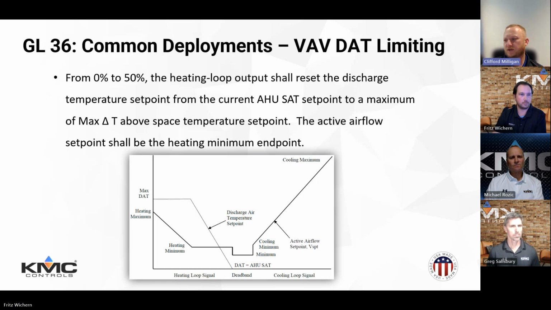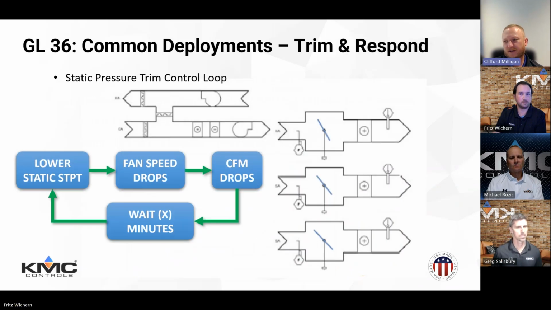Hey, Fritz, can I touch on something on the static pressure reset? Yeah. I think we had a comment on it last time, but I've seen sequences written in the guidelines for how you generate the request from the VAV. Do you do it like in the discharge air temperature reset, how far are you away from set point, cooling demand essentially?